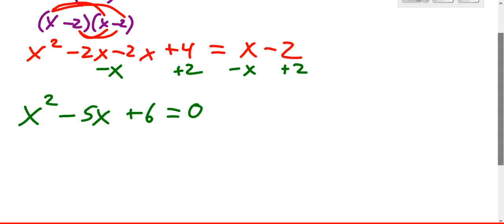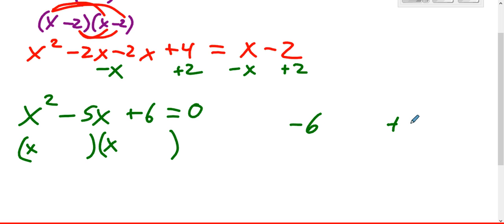For some reason, this seems like it's the hardest for high schoolers to factor. Could be 6 and 1, because 6 minus 1 would get you 5. But they can't multiply to be a positive and add to be a negative. If you did negative 6, positive 1, that multiplies to be a negative. So that's not it. So it's got to be both negative, and it's got to be 3 and 2.